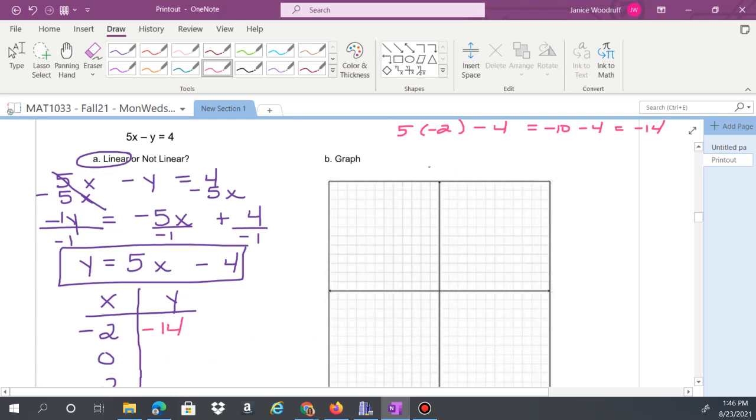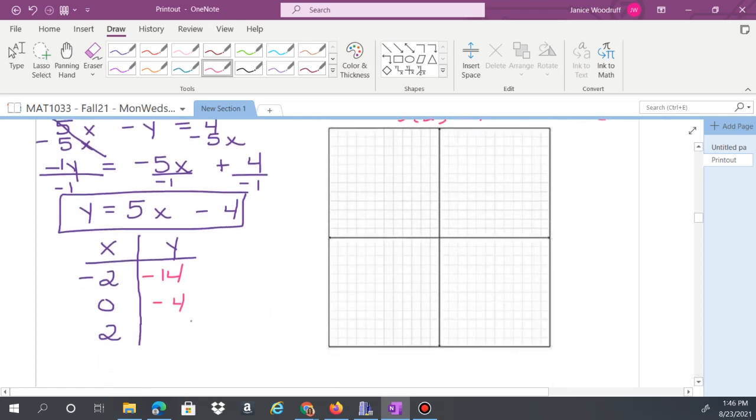Then we'll plug the 0 in. 5 times 0 minus 4 gives us 0 minus 4, negative 4. Then we'll plug the positive 2 in. So 5 times 2 is 10, minus 4 will give us 6. Okay, so we have the chart.